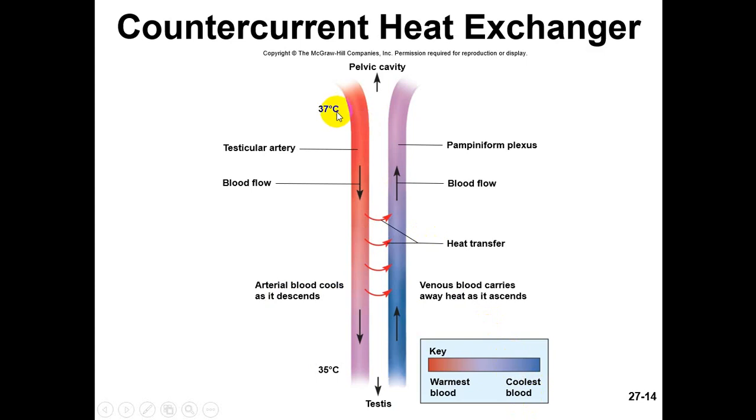While the artery is 37 degrees, the veins are lesser than 35 degrees, so they will absorb the heat from the arteries. Then when they absorb the heat, they flow out of the pelvic area, while the arterial blood goes into the testis. So the blood from the artery is reduced from 37 degrees to 35 degrees, which is conducive for sperm production.